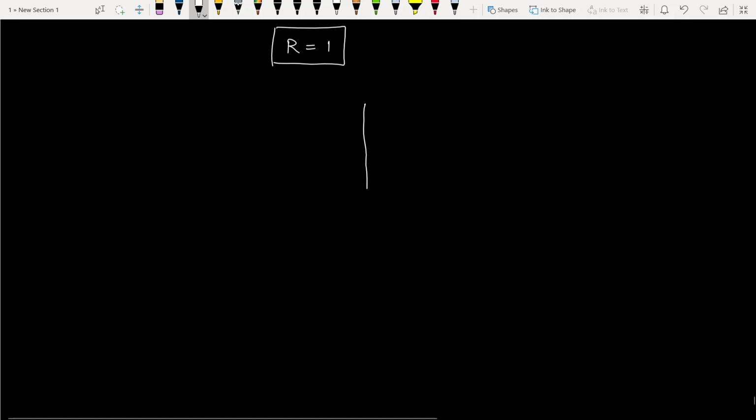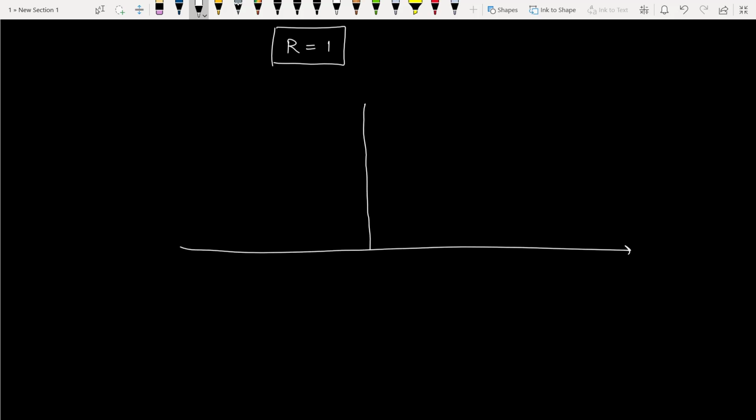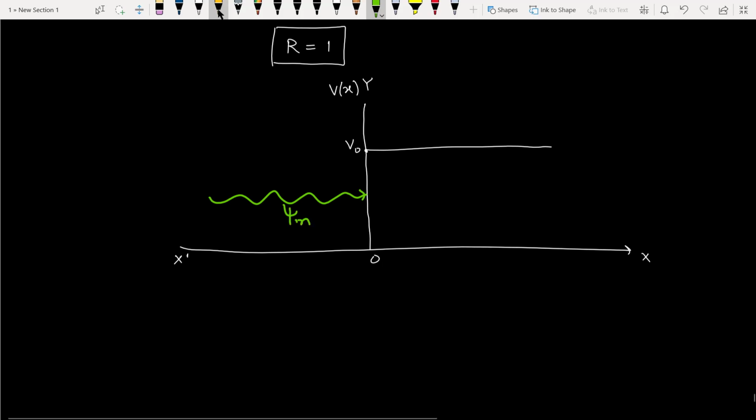And if we try to represent the findings in the form of a plot, and if we represent the potential step here, so this is the potential step V0, and say this is my incident wave function, then it will be the reflected wave, and the transmitted wave decays to 0 for the region x greater than 0.